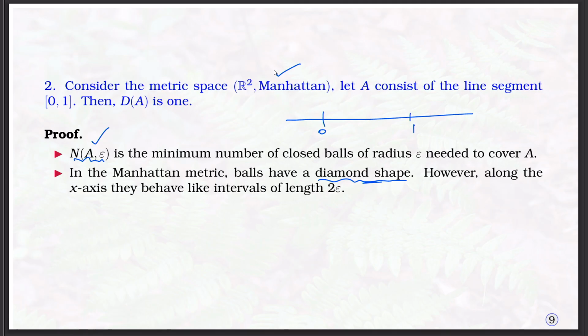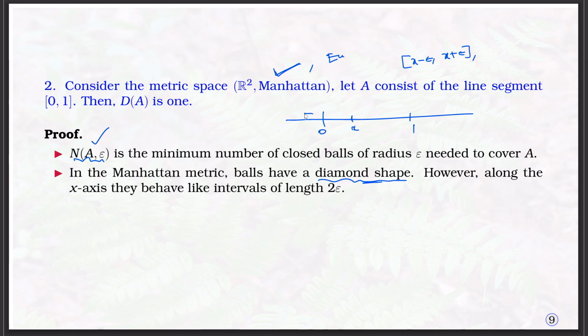If it were the Euclidean metric, then for covering this interval, we can take any point x here, then x minus epsilon, x plus epsilon. By varying epsilon, we can cover this closed interval [0, 1].